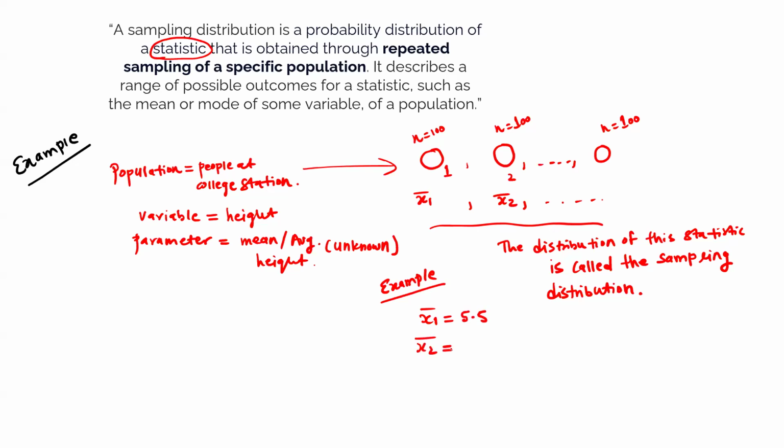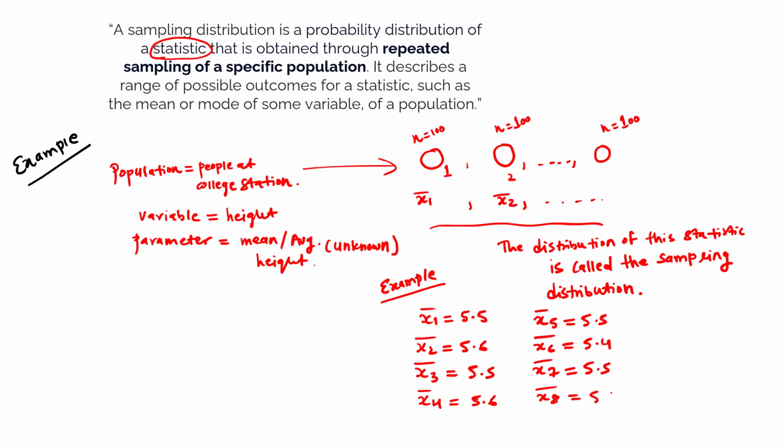The second sample could have an average of 5.6. The third sample could have an average of 5.5 again. The fourth sample could have an average of 5.6, let's say. And the fifth sample could have an average of 5.5 again, 5.4. Just an example to help you guys visualize this, okay? Could be 5.4.